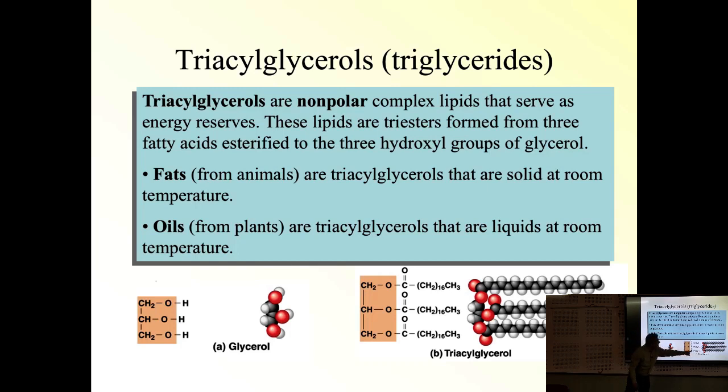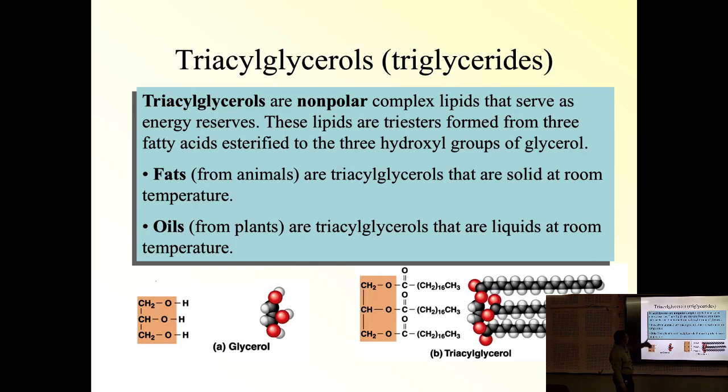So triacyl, acyl means COOR1, R2, R3. Similarly, CH2 16 CH3, CH2 16 CH3, CH2 16 CH3, so 16 carbons, these 1, 17, 18.